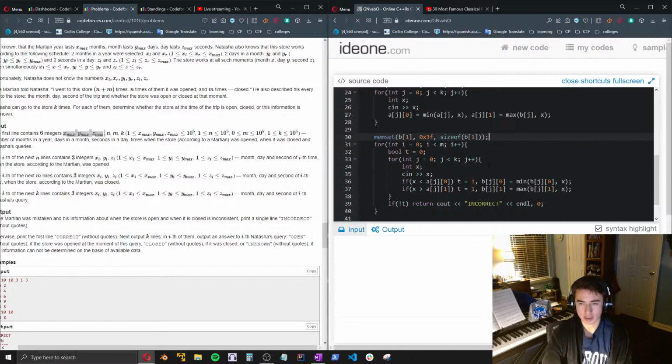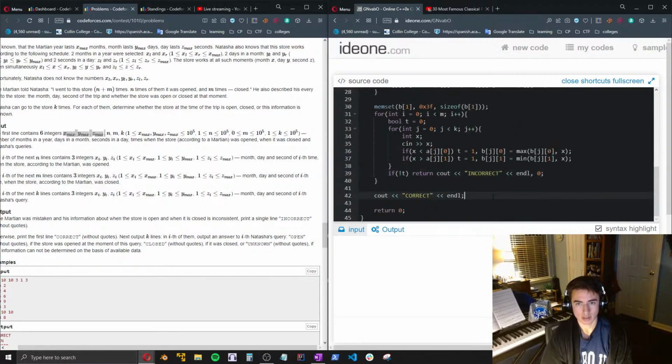Now we should be saying this is equal to max. And then if all of them are inside the bounds, then now we answer the queries. Q minus minus Q.